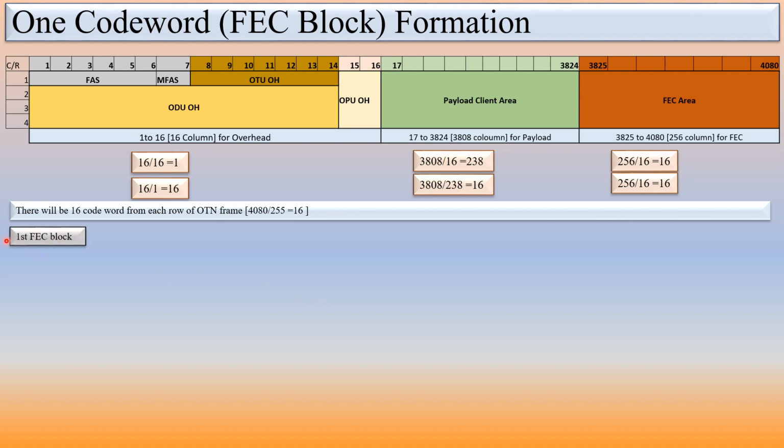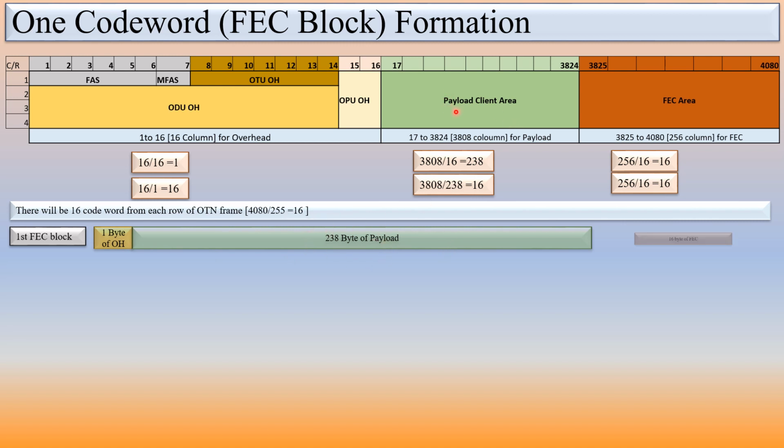So this is the first FEC block. In the first row there will be 16 FEC blocks. We are talking about the first FEC block. In the first FEC block, 1 byte is from the overhead, 238 bytes are from the payload, and 16 bytes are from the FEC.